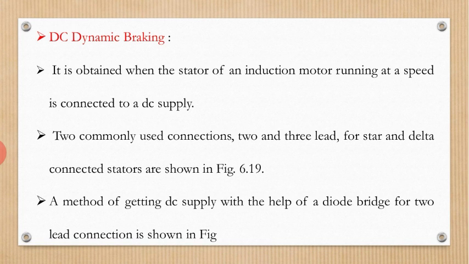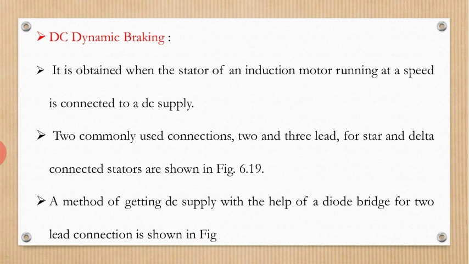There are two commonly used connections, 2 and 3 leads, for star and delta connected stators. I repeat, for star and delta connected stators. As I mentioned, the DC supply is connected to the stator, disconnecting the AC supply.